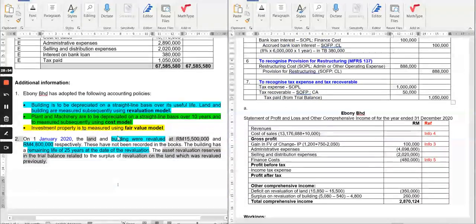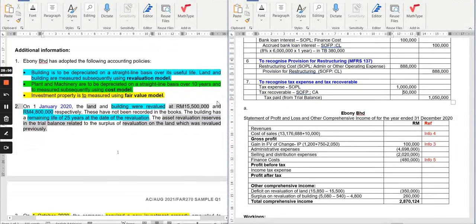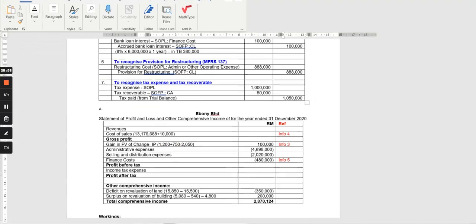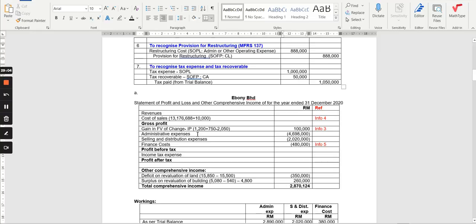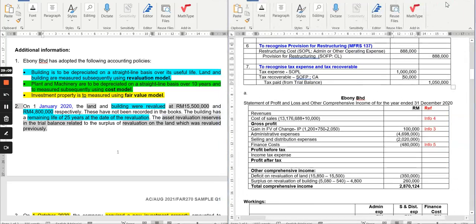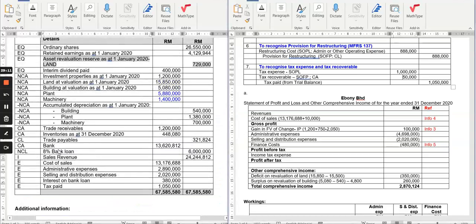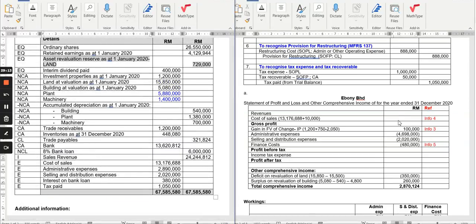Let's now do the preparation of financial statement. Okay, these are all from what we have done earlier, right? You have your revenue. Revenue was from here. Sales revenue, no adjustment.